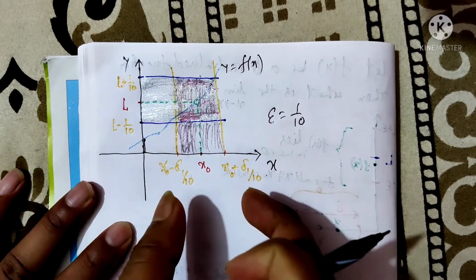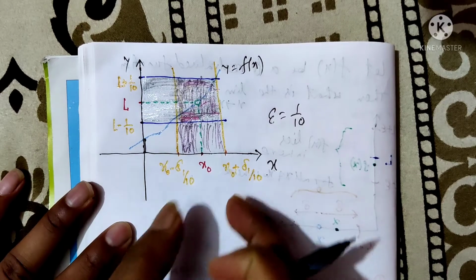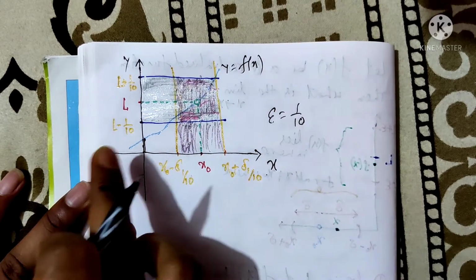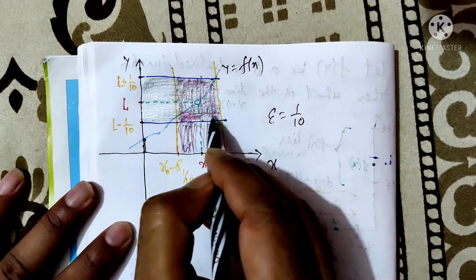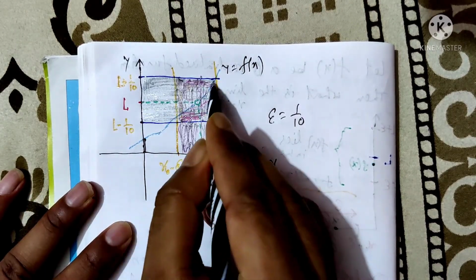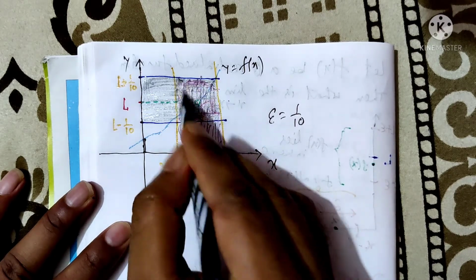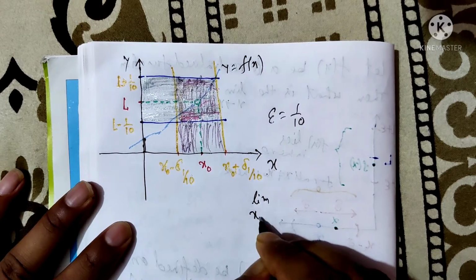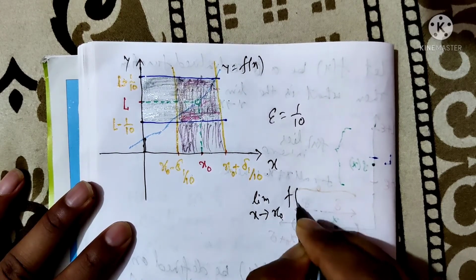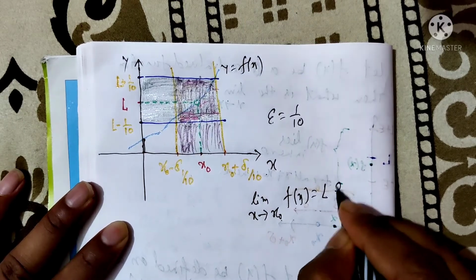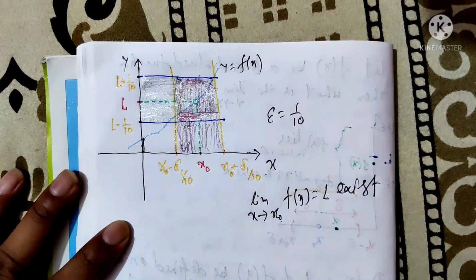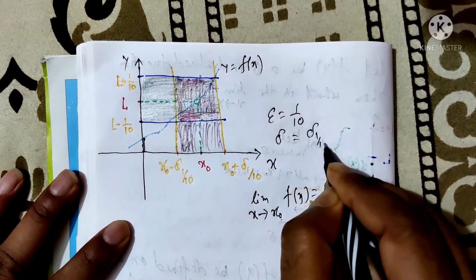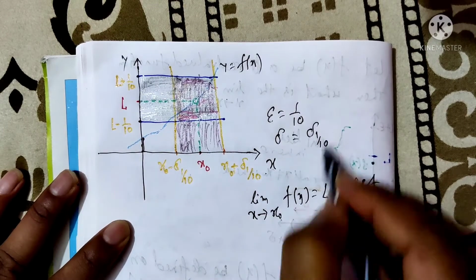So this is the challenge, to choose a delta dependent on epsilon such that the function lies between this area. Then we say that the limit as x tends to x naught of f(x) equals L exists. Here delta equals delta of 1 by 10, a number.